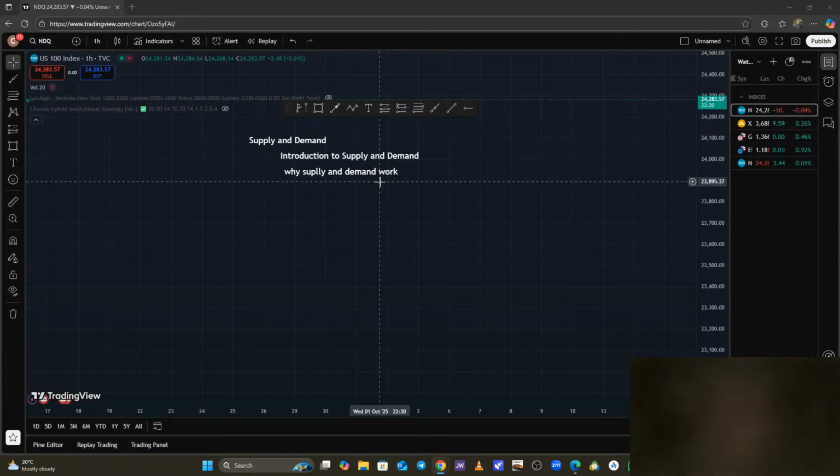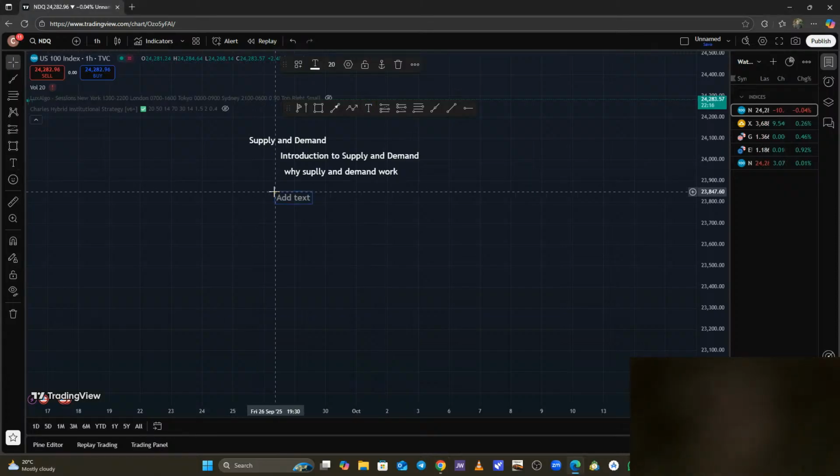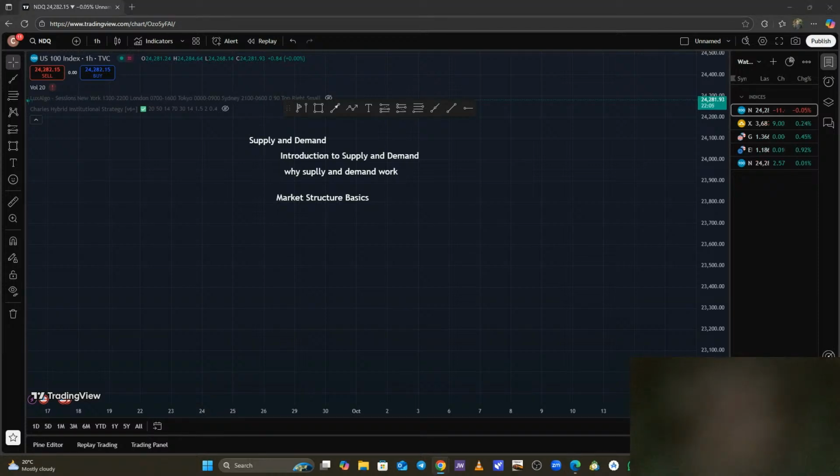We need to understand the market structure because supply and demand is influenced by market structure. So let's talk about the market structure basics. So what is market structure? Basically, market structure just identifies the way a market is moving. So the movement of this specific market, that's what we define as market structure.